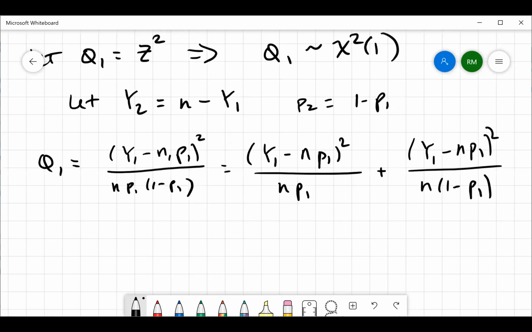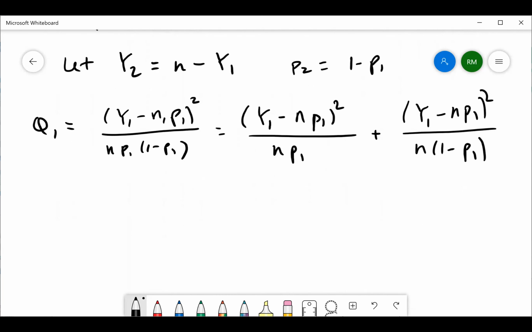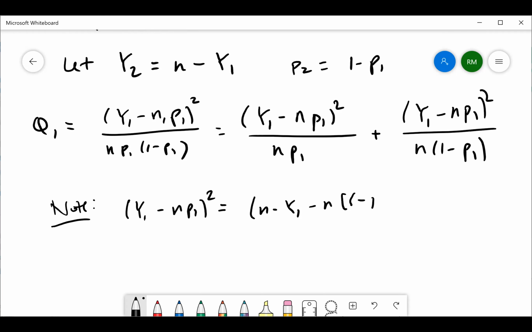And if you do a little more algebra, note that y1 minus np1 squared is n minus y1 minus n times 1 minus p1 squared.